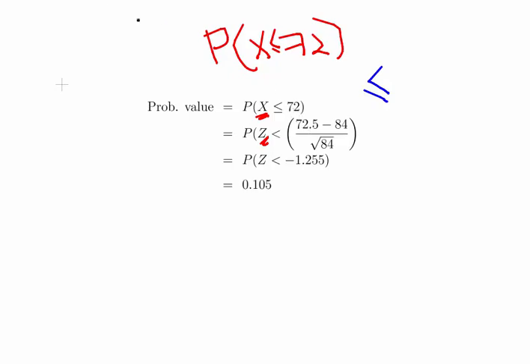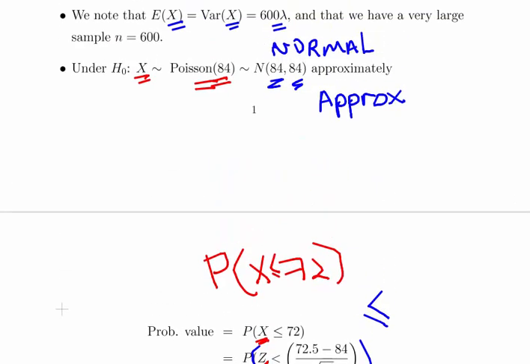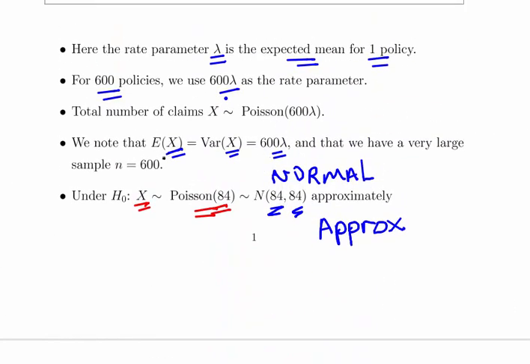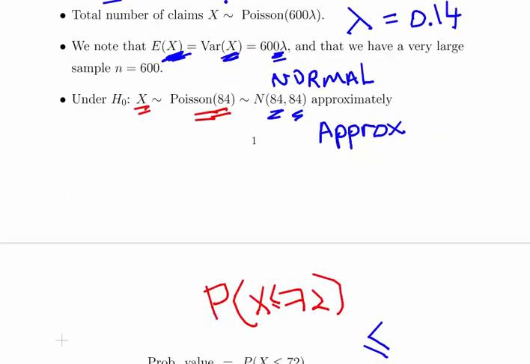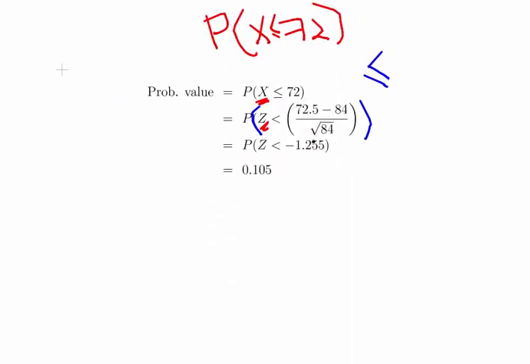Now I'm calculating a z score: 72.5 minus 84, which is the mean and the variance. Here lambda equals 0.14, so 600 times 0.14 is 84. The square root of 84 is the standard deviation. So we get the probability of z being less than minus 1.255.